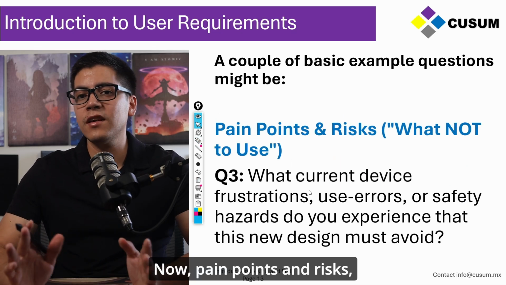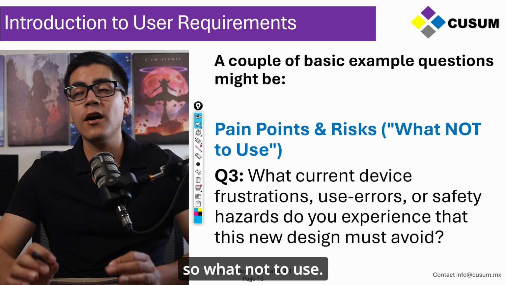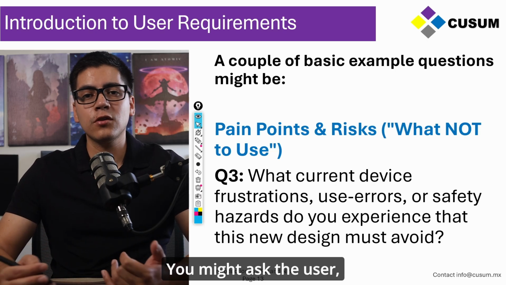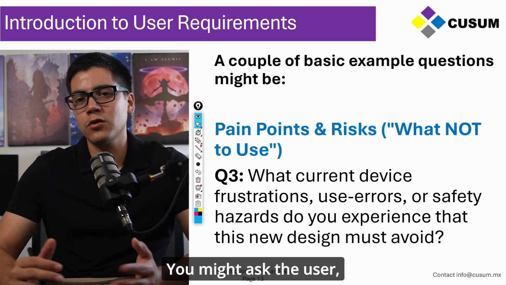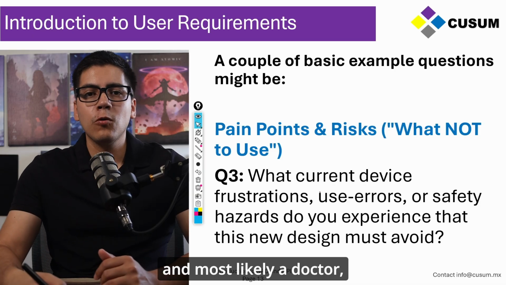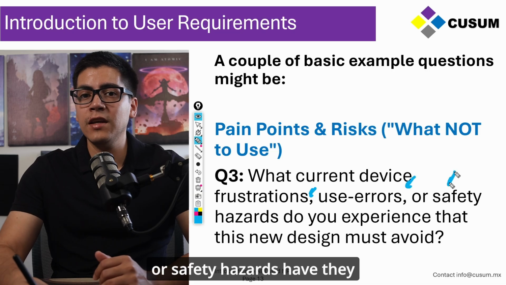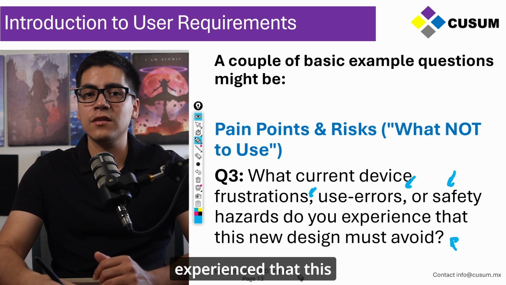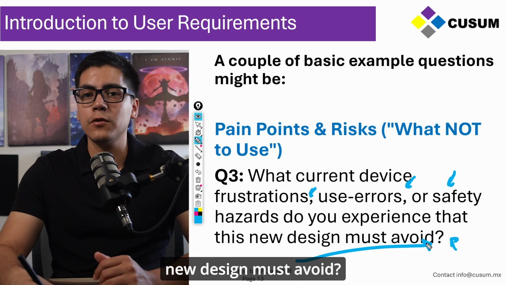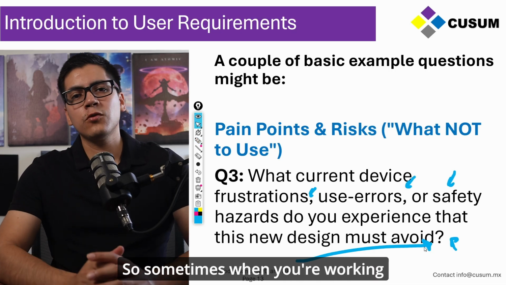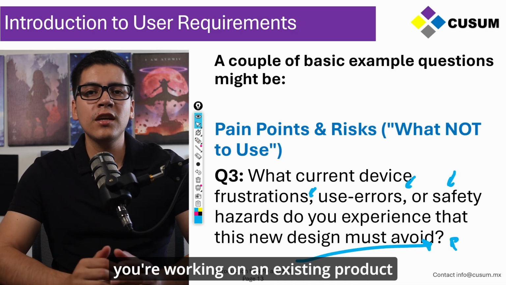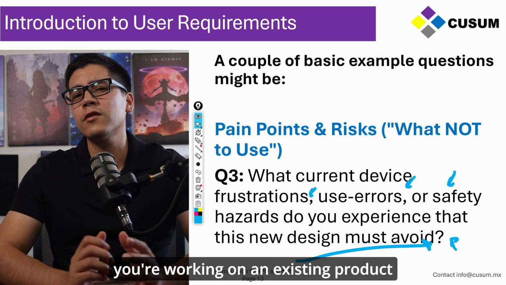Now, pain points and risks. So what not to use? You might ask the user, and most likely a doctor, what current device frustrations, user errors, or safety hazards have they experienced that this new design must avoid? So sometimes when you're working in new product development, you're working on an existing product family.